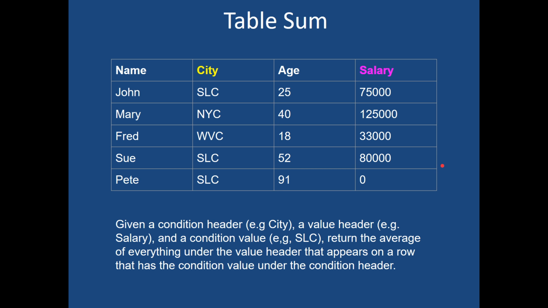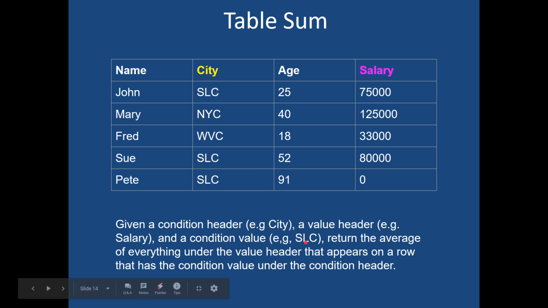And then I want a method that'll do the following. It'll take one of these tables as a parameter. It'll take a header, the yellow header in this case, which is called the condition header. So in this case it's city. And it's going to take a value header, the purple one, which is salary. And it's going to take a value that can occur in the condition column.